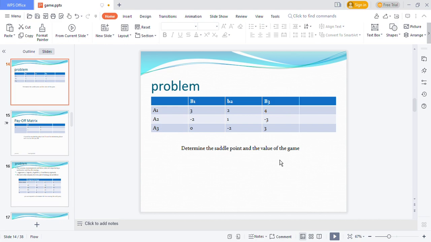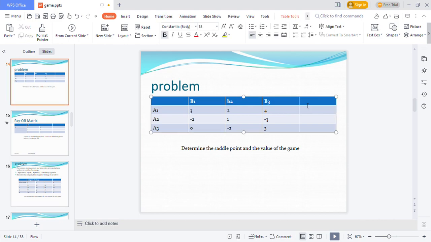Now, how do you determine the saddle point and the value of the game? Very simple. Number one, we move to the maximizing player and identify the minimum or the lowest outcome in each row.